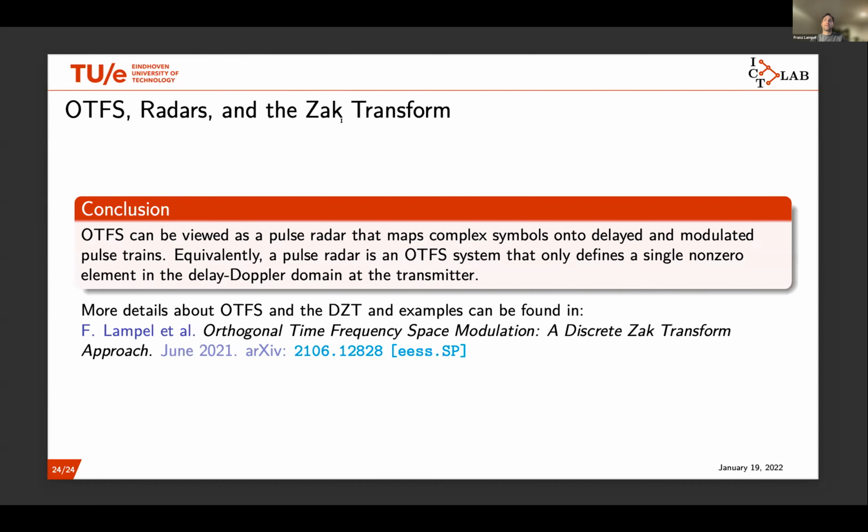From this perspective, OTFS is nothing else than a pulse radar, which uses the whole delay-Doppler domain to define a signal, whereas a radar can also be considered as an OTFS system, which defines only one symbol in the delay-Doppler domain. And with that, I conclude my talk.